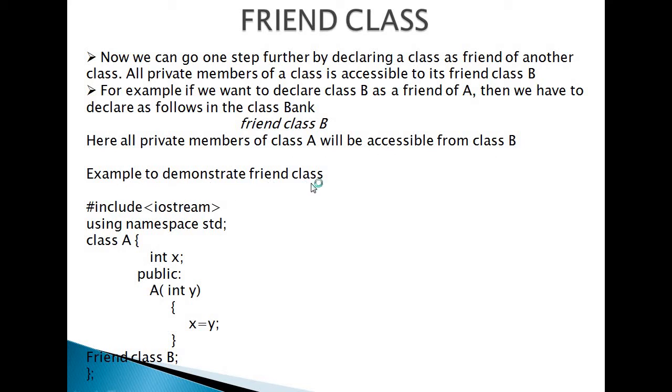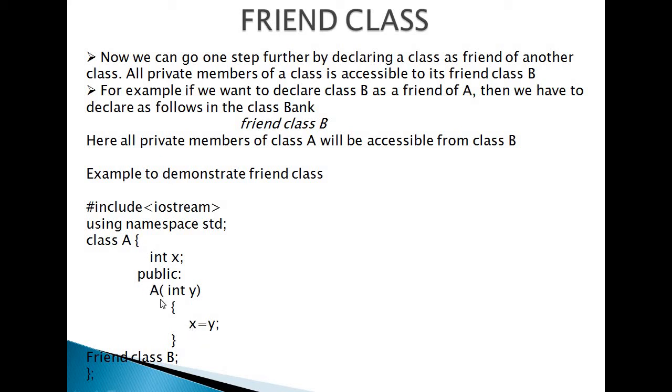For example, we demonstrate a friend class. Here include iostream, using namespace std. Then class A is defined, with just one value, an integer x. Public: A(int y). This is actually a constructor, which is not yet covered, but just remember a constructor is a special function with the same name as the class, which just initializes the values.